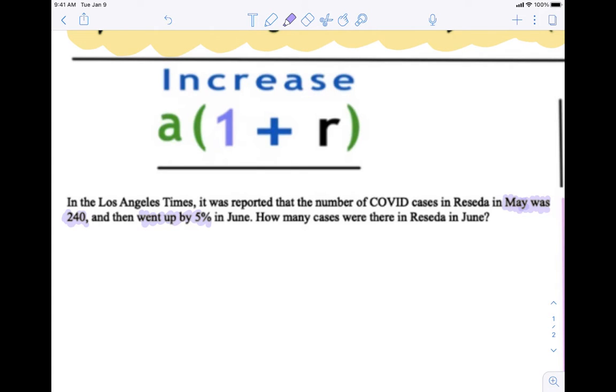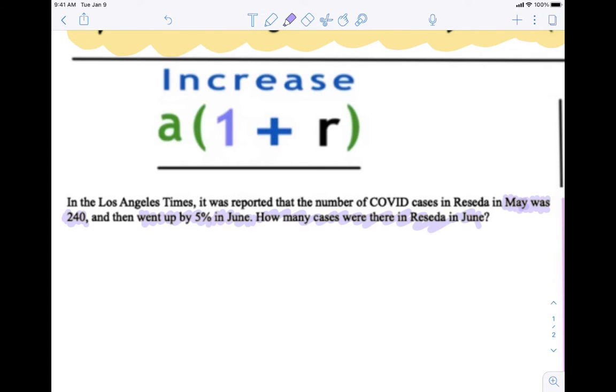It got bigger. It increased 5% in June. June comes after May. That's why May is the starting value, because it's before June. Then the question says, how many cases were there in Reseda in June? We want to know how many cases were after May, in June.